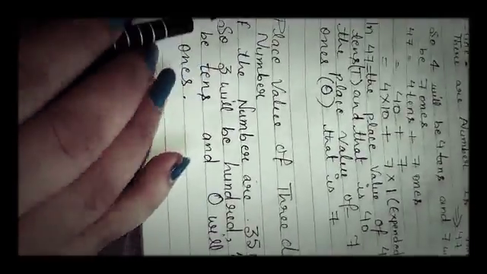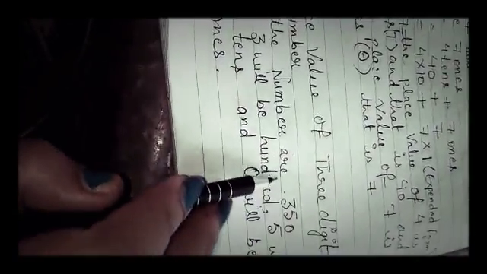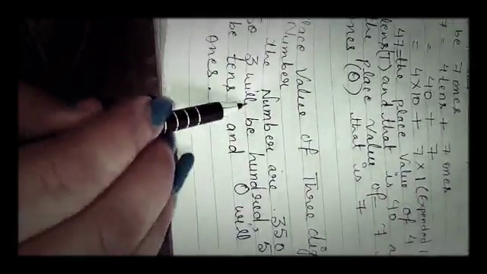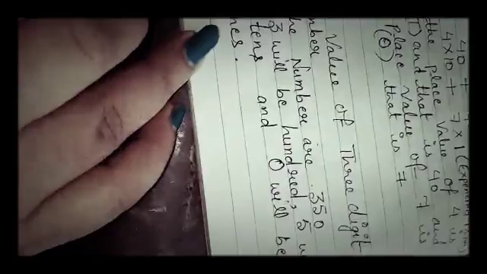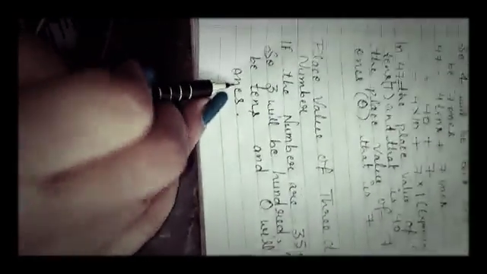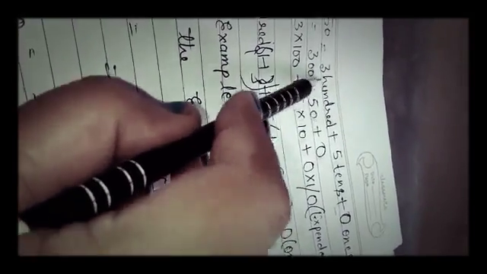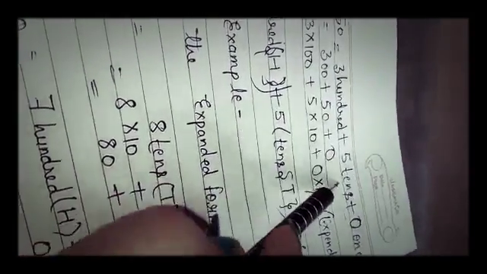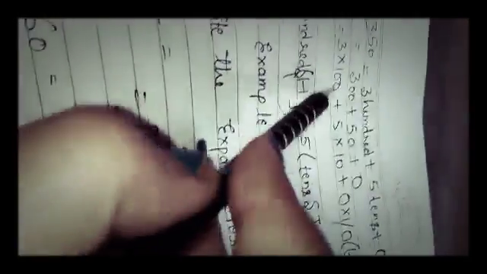Now we will move to the place value of 3-digit numbers. If there are numbers like 350, so 3 will be hundreds, 5 will be tens and 0 will be ones. 350 is equal to 3 hundreds, 5 tens plus 0 ones.